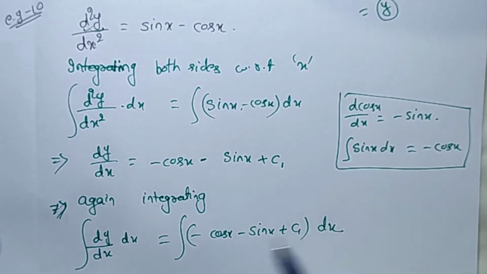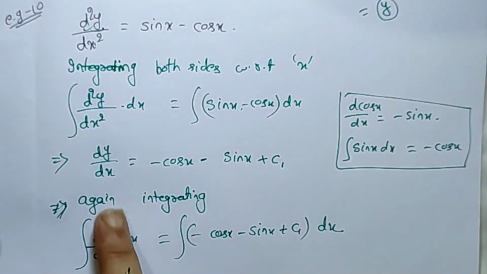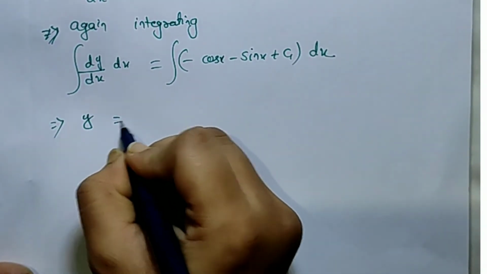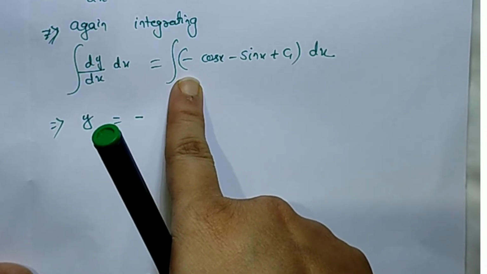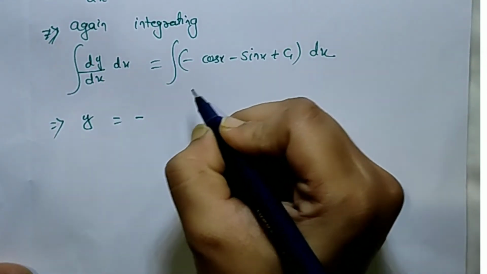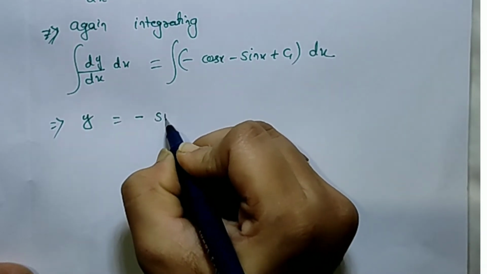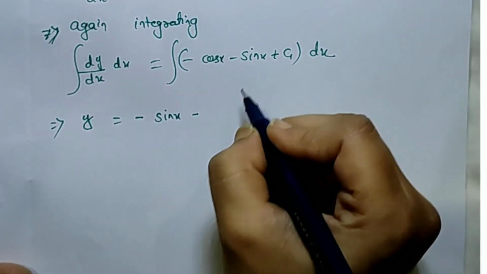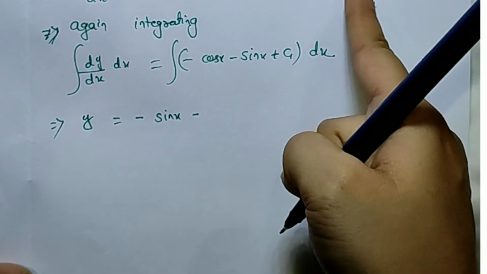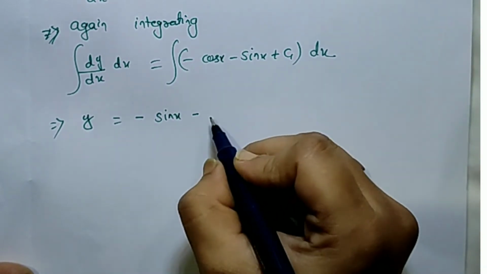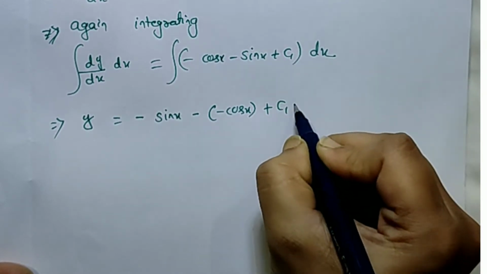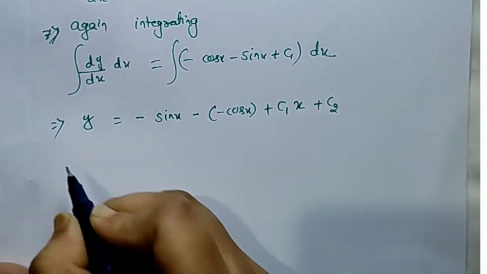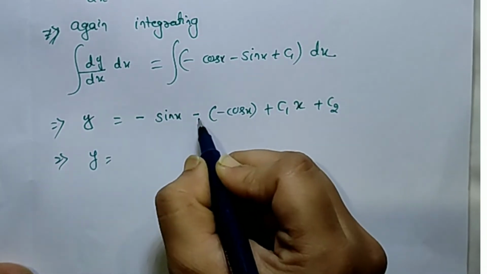Which implies that the first order derivative with one integration will give you y, which is equal to minus of integration of cos x, which is sin x, since the derivative of sin x is cos x, minus of integration of sin x, which is minus cos x, plus c1 is the constant, dx integration is x plus c2. This implies that y is equal to minus minus plus.